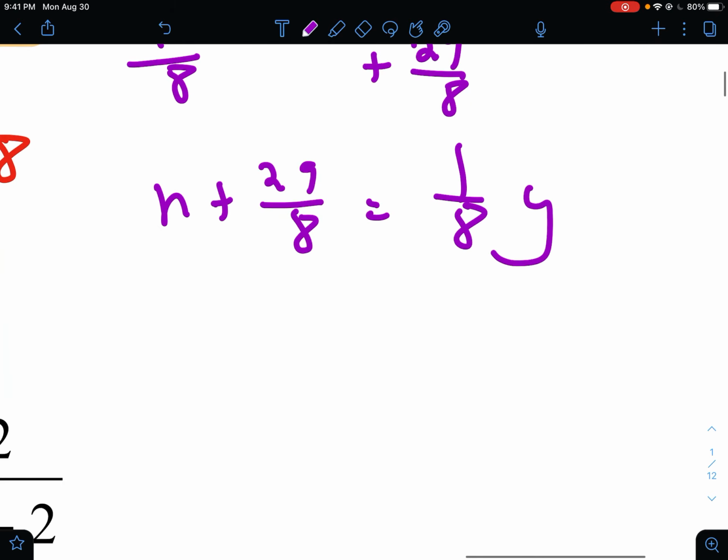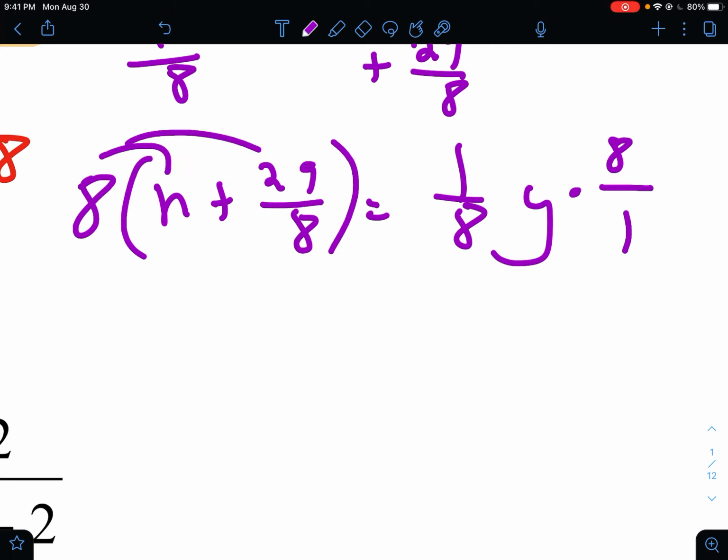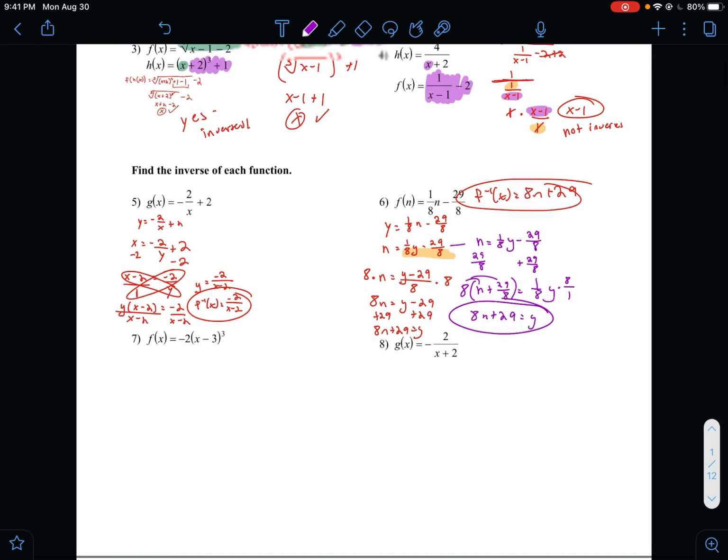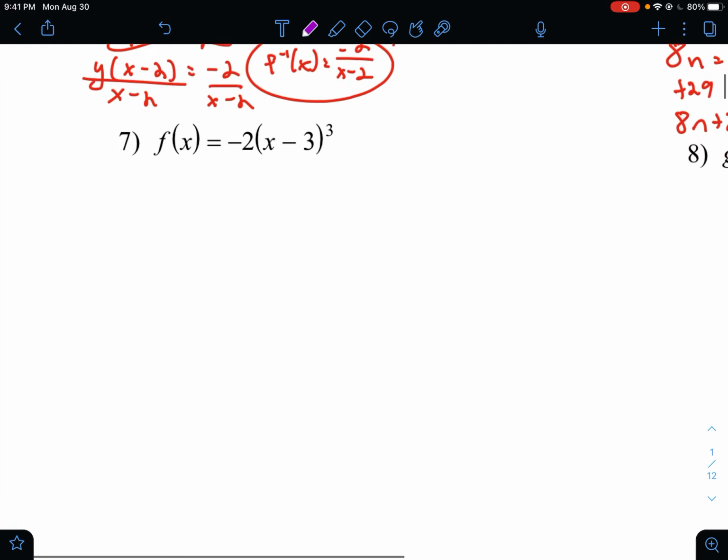And then hopefully you remember that you have to multiply by the reciprocal of this, which would be 8 over 1, or just 8. Okay, and you distribute, and I get 8n, and then if you do 8 times 29 over 8, you get 29, which is the same thing. All right, so you should get the same answer no matter how you solve it. So hopefully that cleared up any confusion you had while watching me do that.